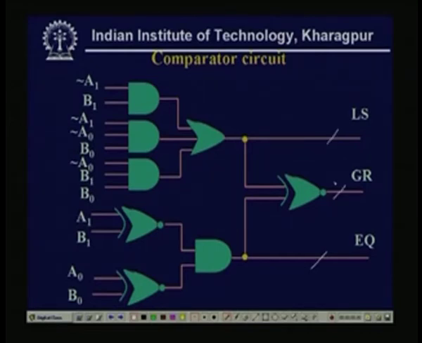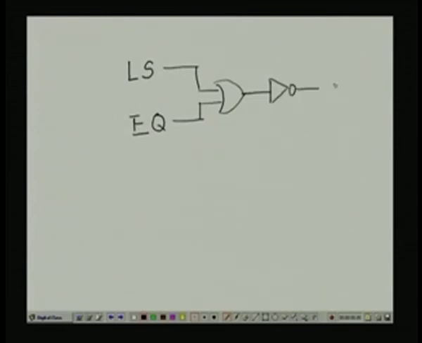Instead of that, what we can do is, if the LS and EQ, these two outputs are realized, then we can reuse these two outputs, and this is OR, actually a NOR, and then we can invert that, which will give the greater line.